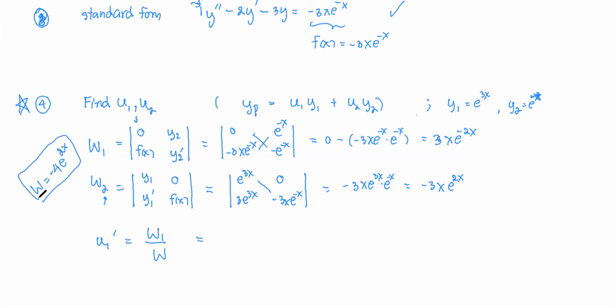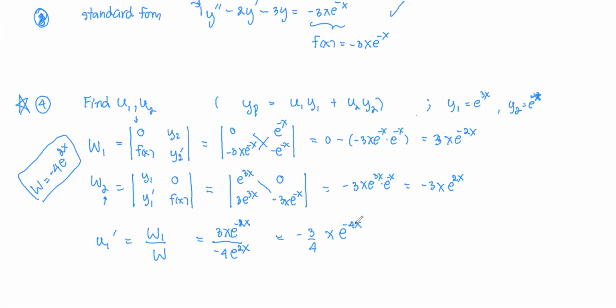W1 is 3x e to the negative 2x. Simplify before you do the antiderivative. We have negative 3 over 4 times x, and e to the negative 2x over e to the 2x becomes e to the negative 4x.